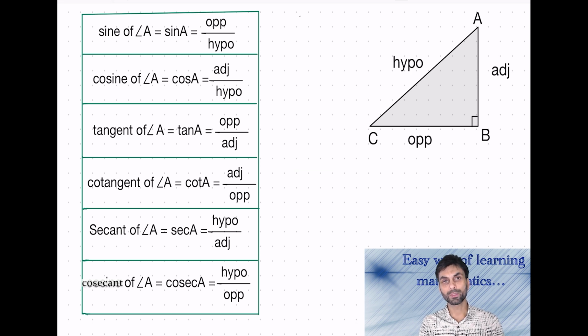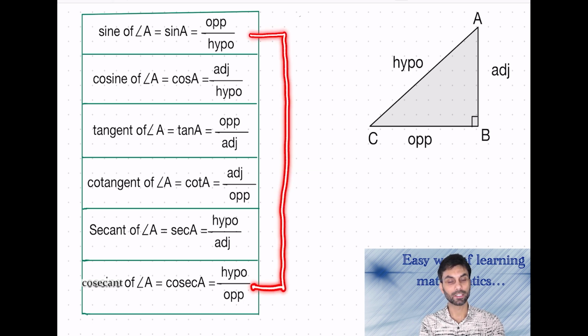Now one thing you can observe here: if we compare the formulae of sine and cosec, we observe that their ratios are just reciprocal of each other. When we talk about cos and sec, again we observe that their ratios are reciprocal of each other.